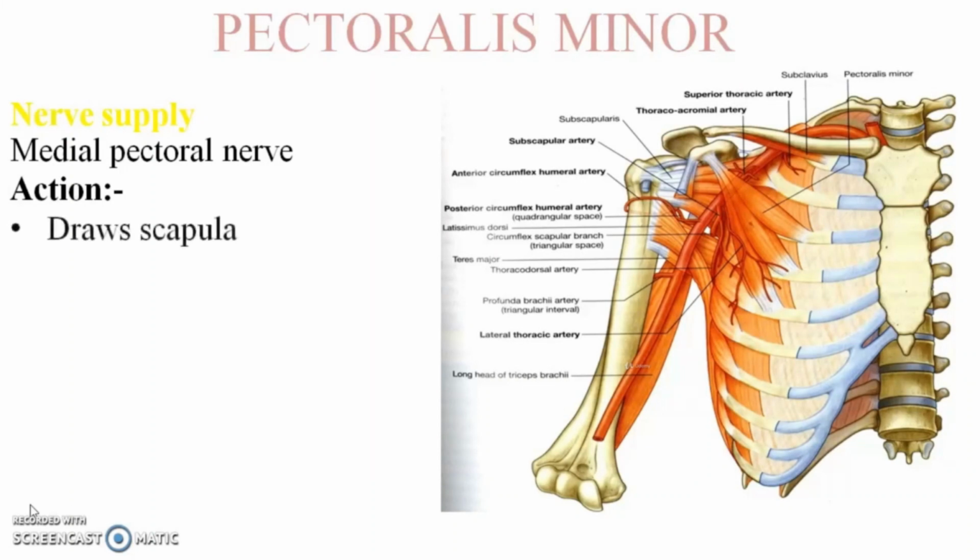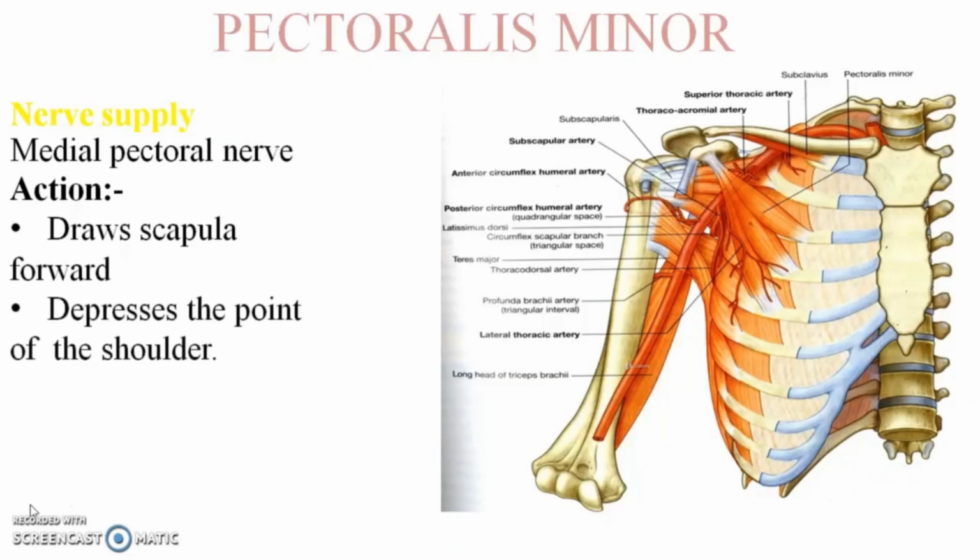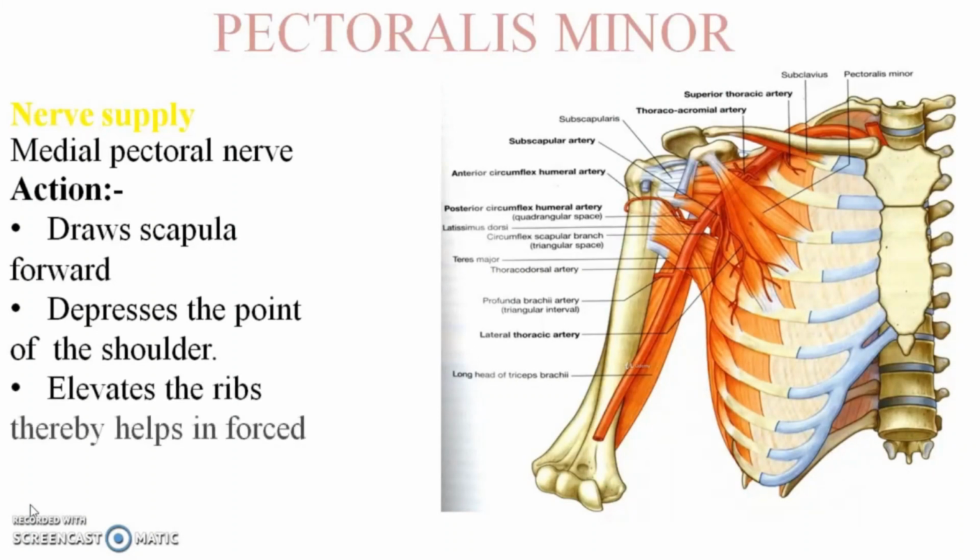Now going for the action of this muscle, it is going to draw the scapula. So it draws the scapula forward and also it depresses the point of the shoulder. The two actions you have to remember: it draws scapula forward and depresses the point of the shoulder, and by depressing it is going to elevate the ribs, thereby it helps in the forced inspiration time.